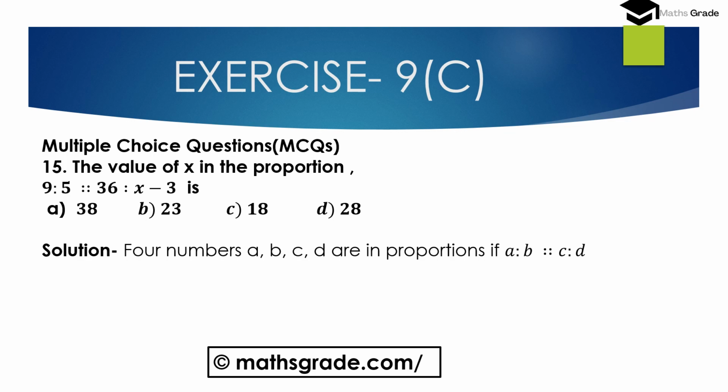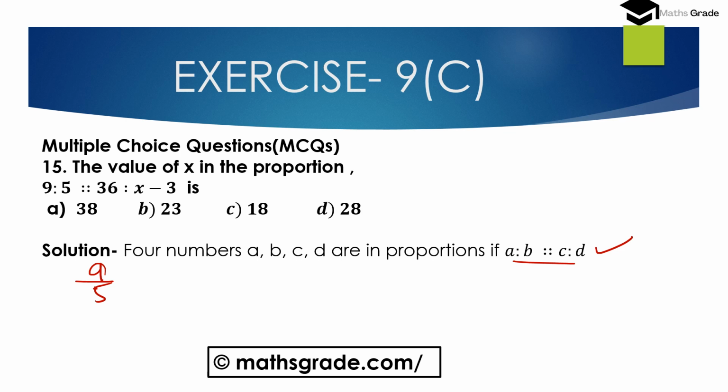Now question number 15, multiple choice questions. The value of x in the proportion 9:5 is proportional to 36:x minus 3 is, options are 38, 23, 18 and 28. Which option is correct? So four numbers A, B, C, D are in proportion, then we can write A:B is proportional to C:D.